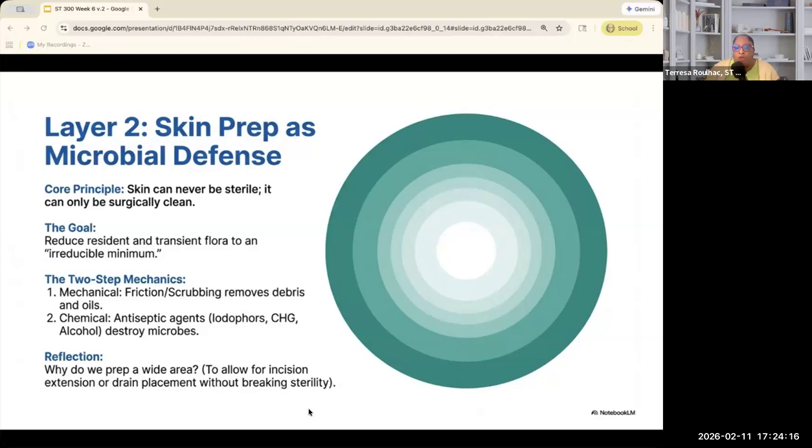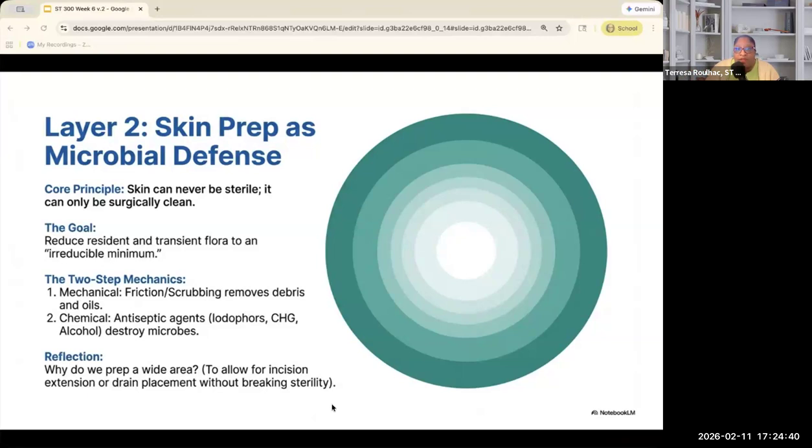This is when we're trying to get rid of that transient flora that poses higher risk, especially if we're doing a big belly case. So we're going in deeper tissue. That prep creates a defensive zone that lowers the chance of our patient getting an SSI.